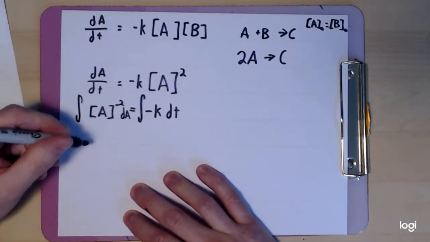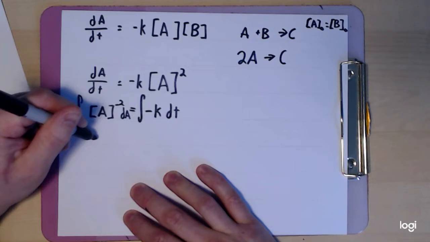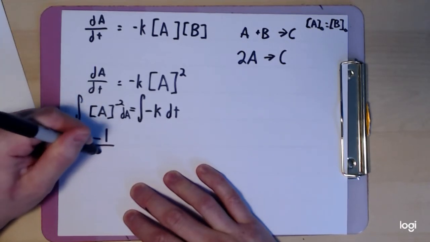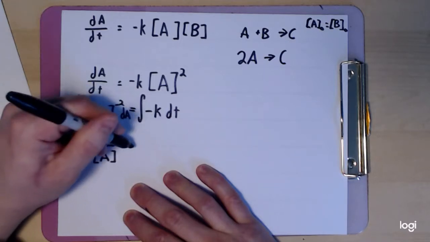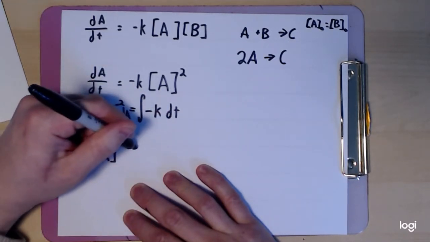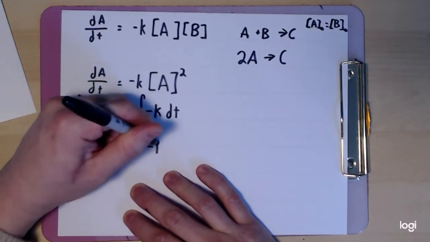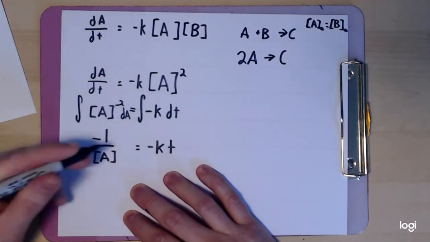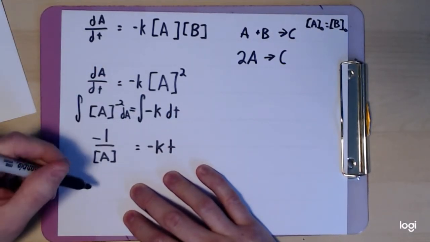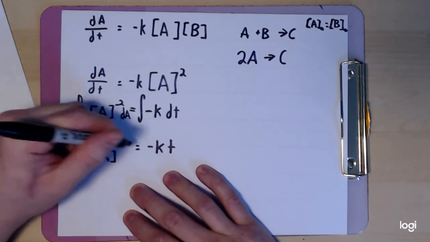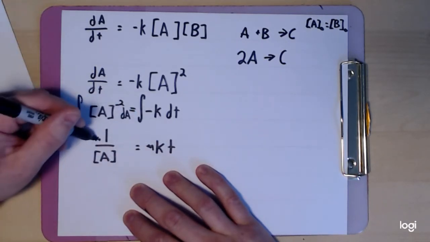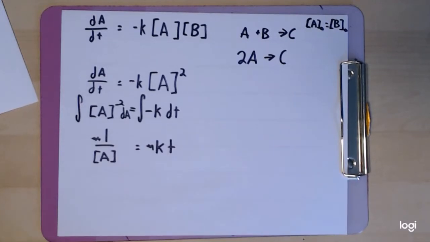And this side, by application of the power rule, comes out to be negative 1 over the concentration of A. And this side over here ends up being negative kt. Divide through by negative 1 on each side, and we can just erase these negatives: 1 over A equals kt.